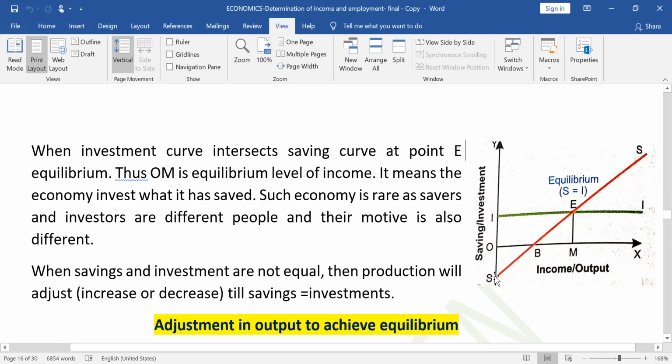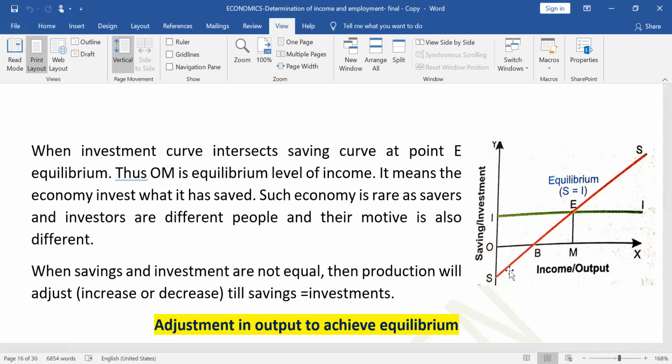The saving curve, which is the red line here, you can note that it is starting from the negative side and it is upward sloping. The reason behind it is that at zero level of income or very low level of income, there is some amount of dissaving because consumption is always there even when income is zero.